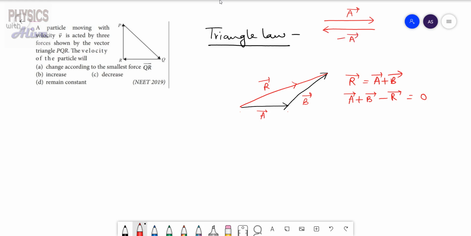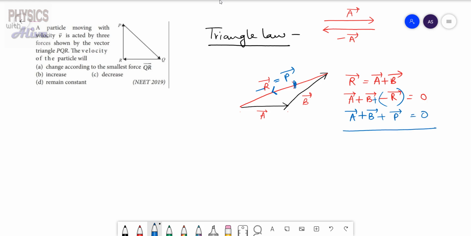So when we change the direction of the R vector by changing the direction of the arrow, this vector will become minus R. So this is minus R vector. Give a new name to this minus R vector. Suppose this is P. So A vector plus B vector plus P vector, as P vector equals minus R vector, we are just replacing it.